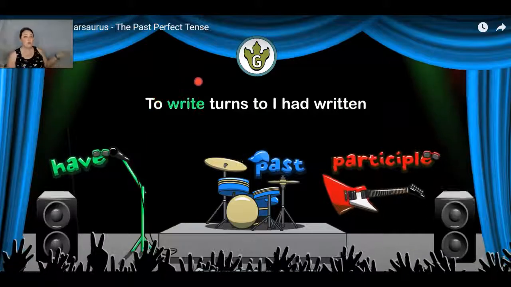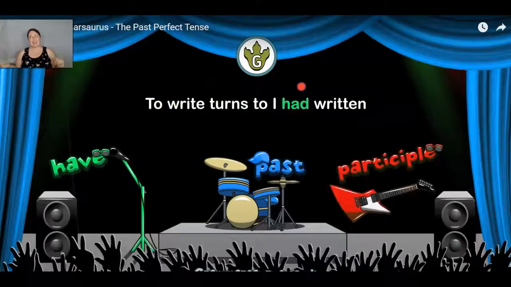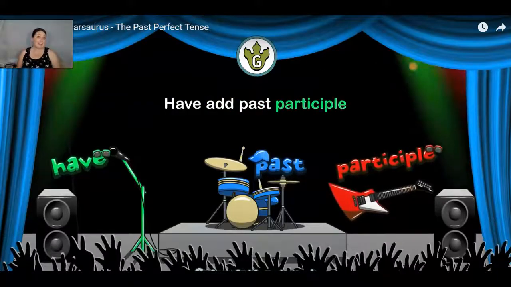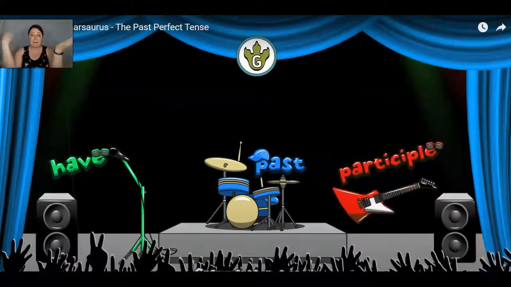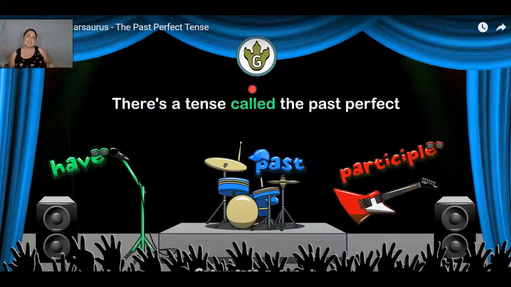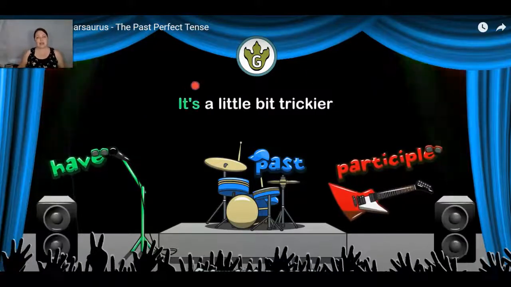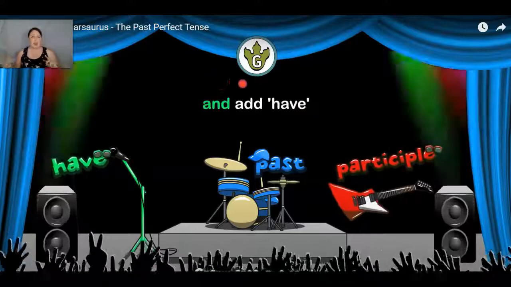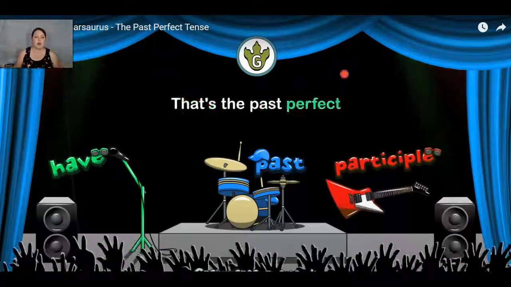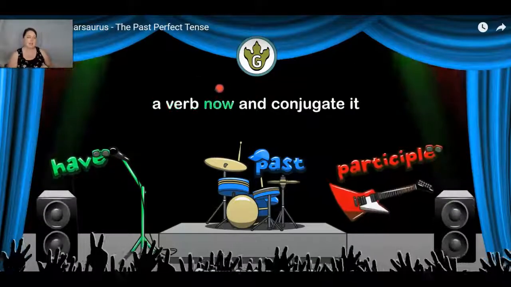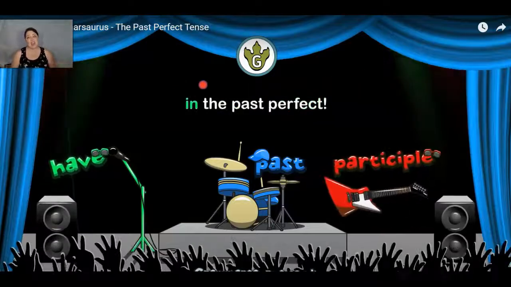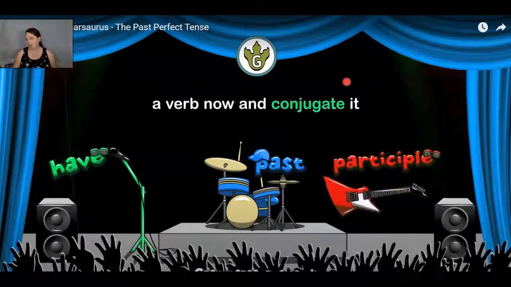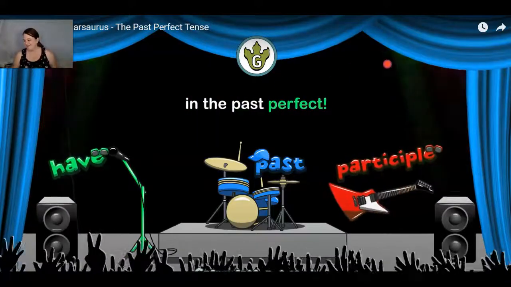To ride turns to I had ridden. Had, that past participle. There's a tense called the past perfect, and it's a little bit tricky. Take the past participle and add have. That's the past perfect. Let's take a verb now and conjugate it in the past perfect.